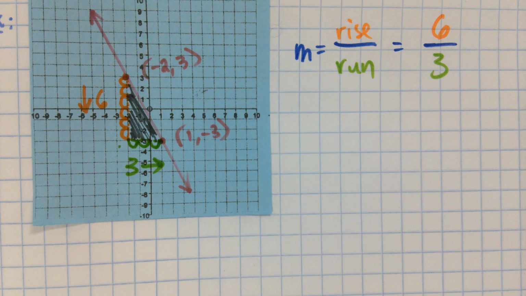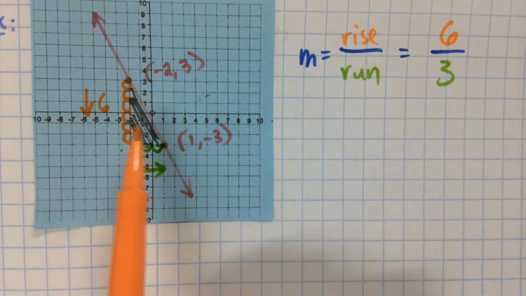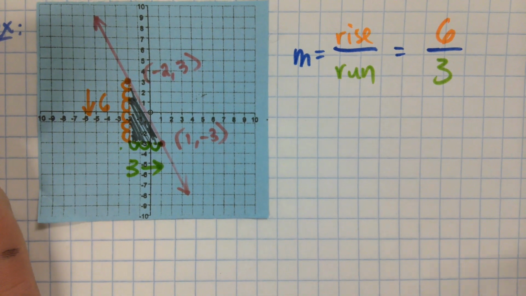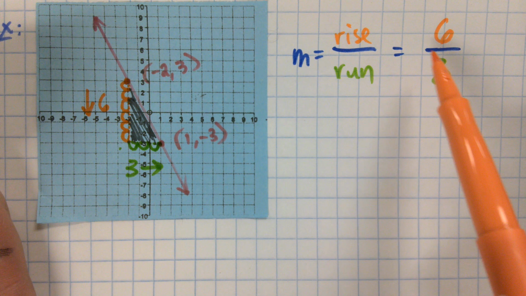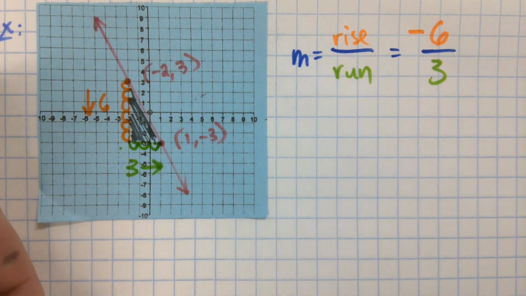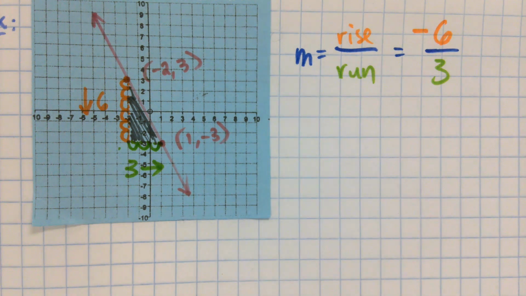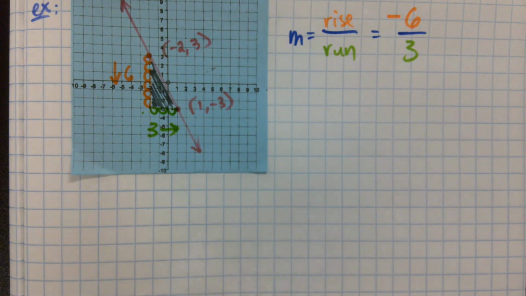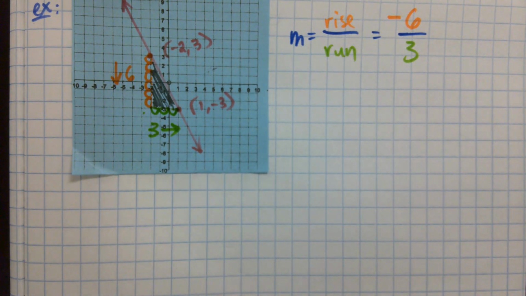But this is where things get a little bit different. Because our rise of 6 was downward, our numerator is not just going to be 6, but it's going to be what? -6. I heard someone say it up there. That's absolutely right. That's why we always start on the left, because we determine our direction. It's going to help us figure out whether we have a positive slope or a negative slope.